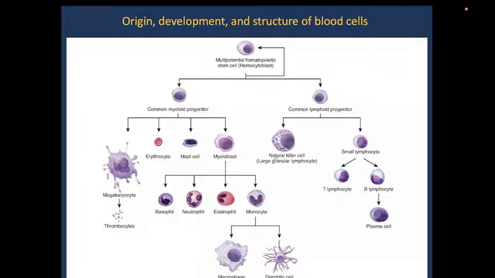Next picture shows the origin, development, and the structure of blood cells. As you see, usually in red bone marrow we could find multipotential hematopoietic stem cells.